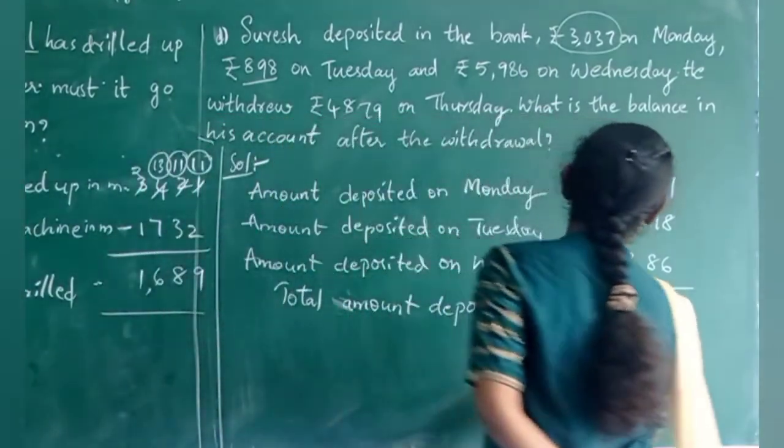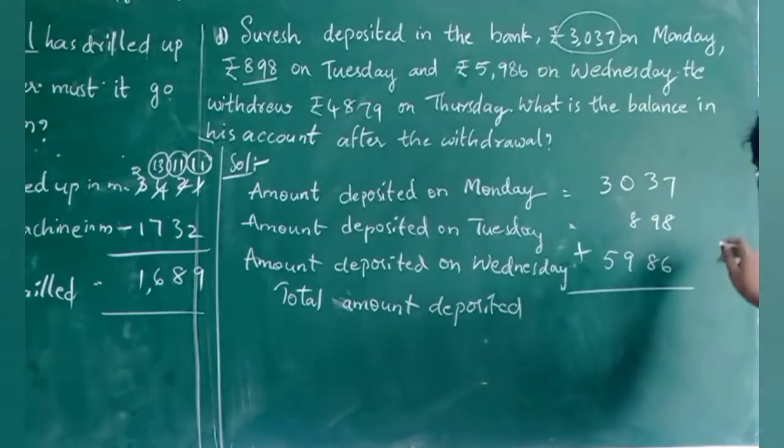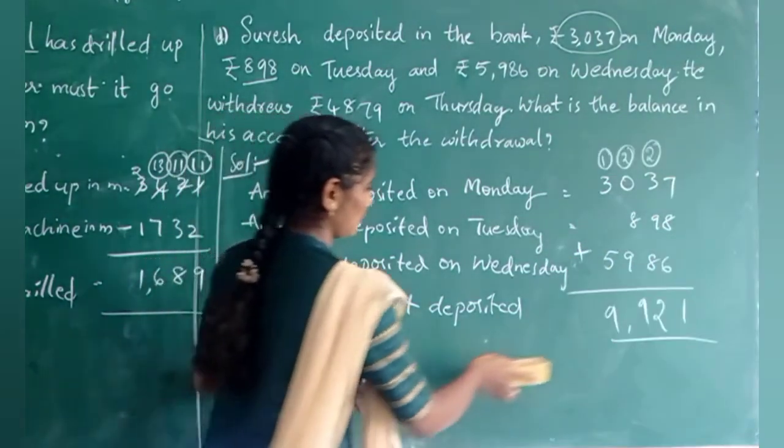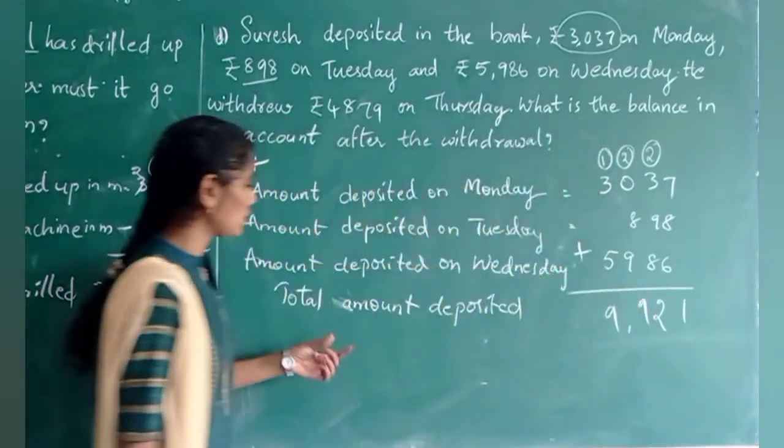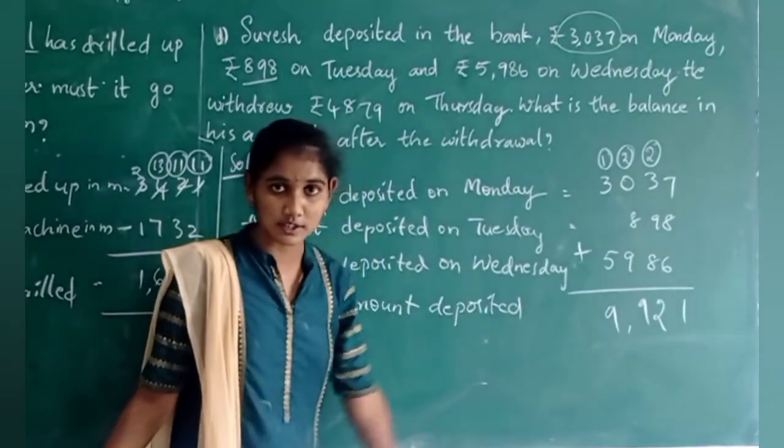Let's do this addition. Pause the video and do the addition. The total amount deposited on Monday, Tuesday and Wednesday together is 9921.